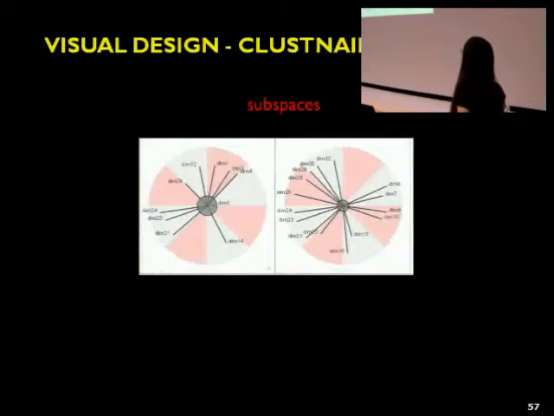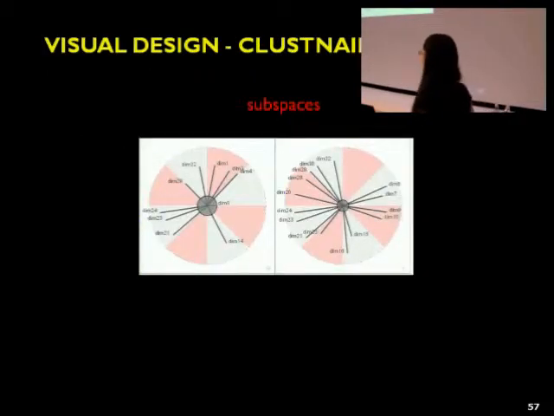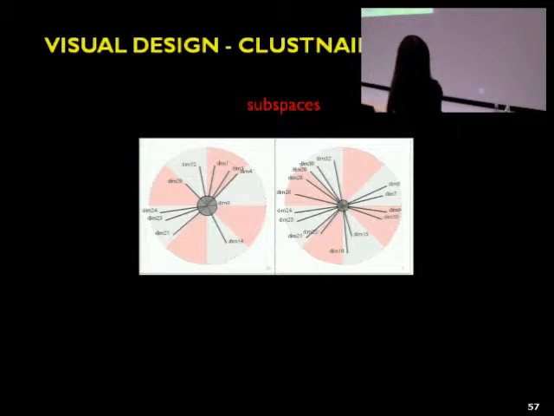So basically, we did some work in designing different visualizations to help people understand, first of all, the subspaces, that is, the set of dimensions that are used to specify different subspace clusters. Here are two examples. We use this clock-like visualization to visualize the subspaces.